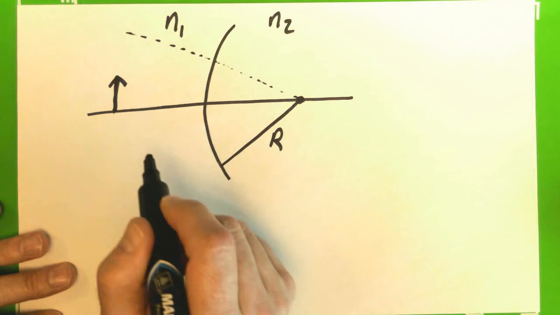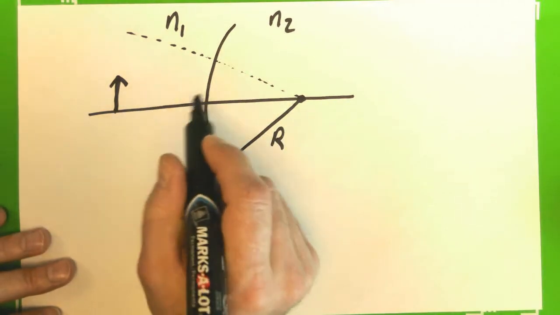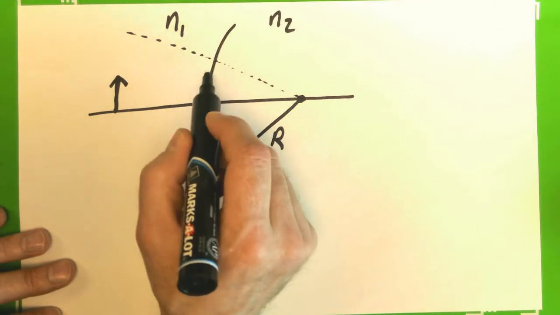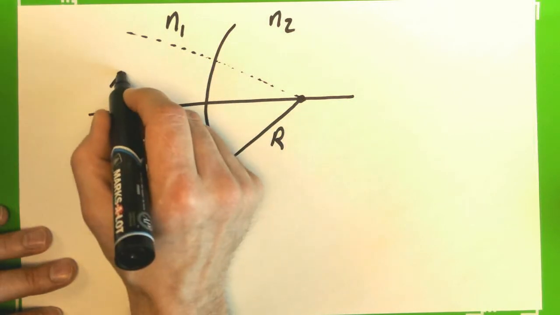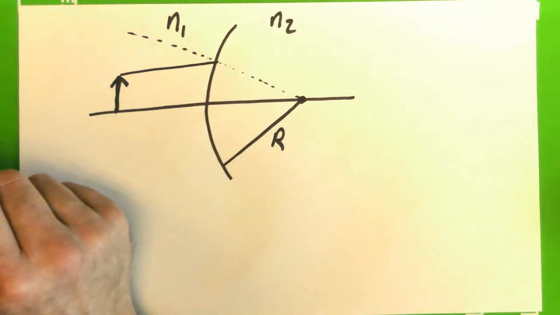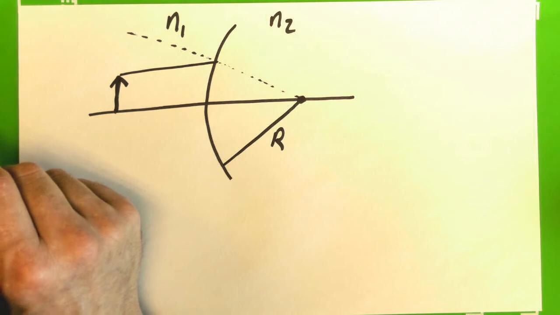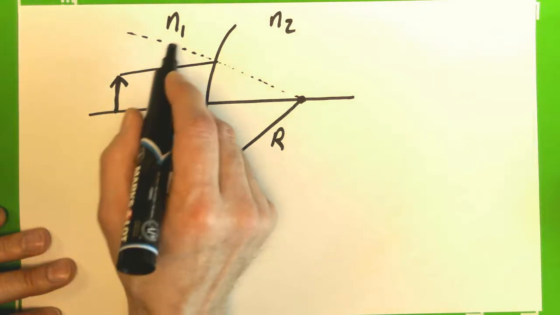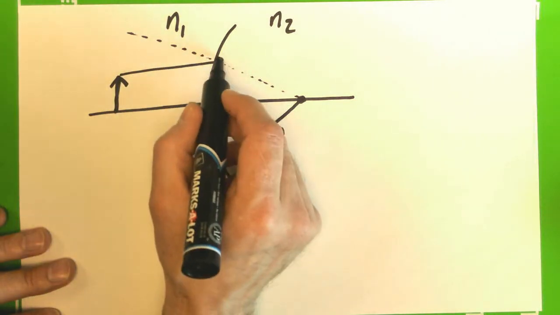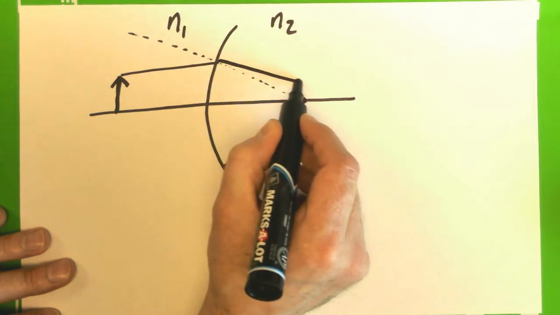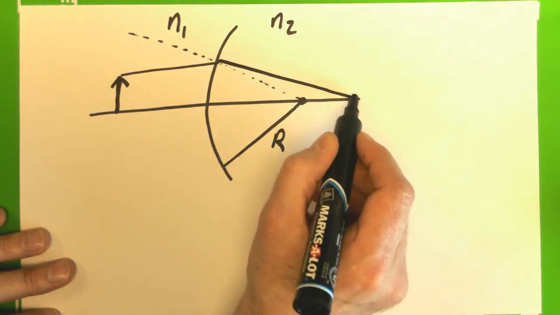And something about radial lines is that they're perpendicular to the surface. So if I have a light ray that hits that surface right there, then by Snell's law, it's going to bend towards the normal. So it's going to bend towards this, and it's going to come down here, keep going.